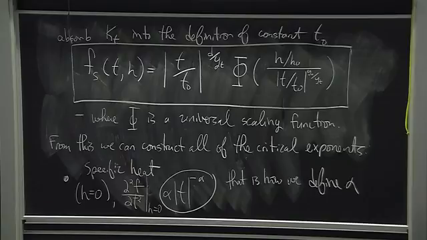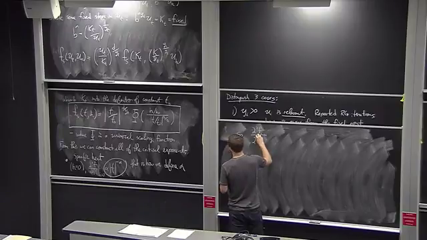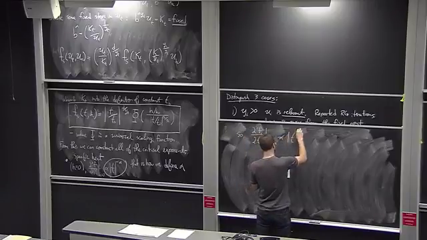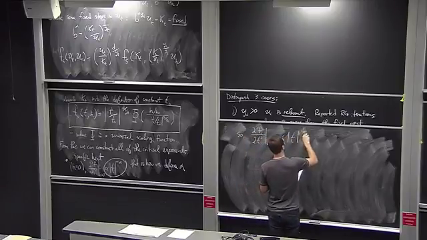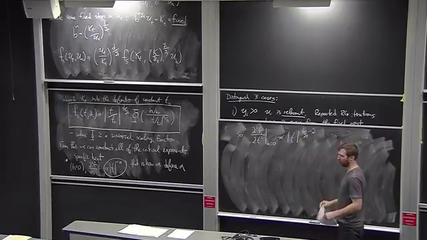So second derivative of that singular part of the free energy. So forget the scaling function, all I care about is the singular behavior. So you already have T out front, so it's just two derivatives.